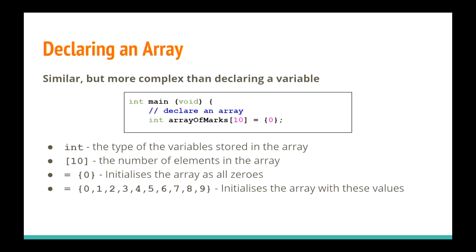So some of the basic code that we might have for declaring an array: I can have an array of marks here. I should have spelled that with a K, and it would be all me. Anyway, we have an array of marks, and it comes under this specific format. Up until this point, we haven't used the square brackets for anything, but as you've probably figured out, programming loves different kinds of brackets, because we've had the normal brackets, we've had the curly braces, and now we have the square brackets.